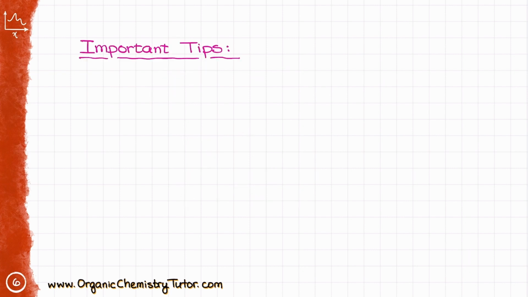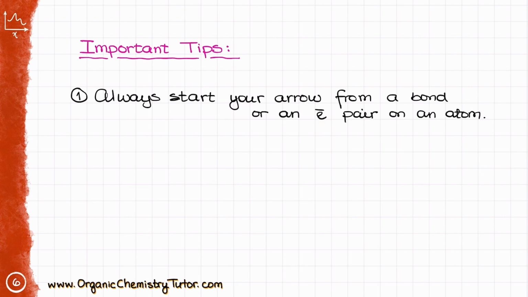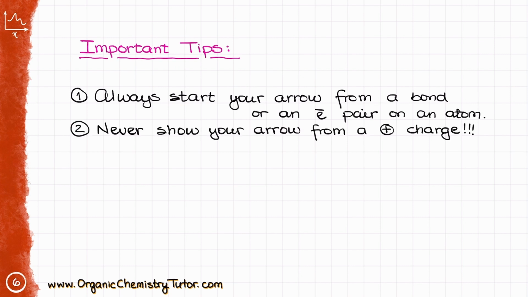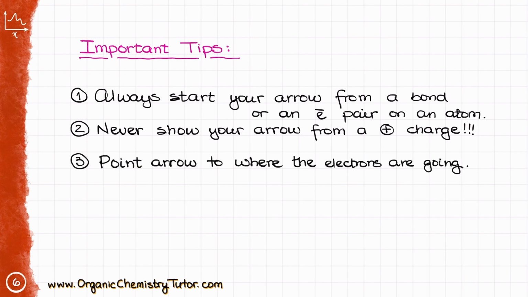So to make your life a little bit easier when it comes to curved arrows, always remember a few important tips. First, always start your curved arrow from a bond or an electron pair on an atom. Never show your curved arrow starting from a positive charge. Point your curved arrow to where the electrons are going.